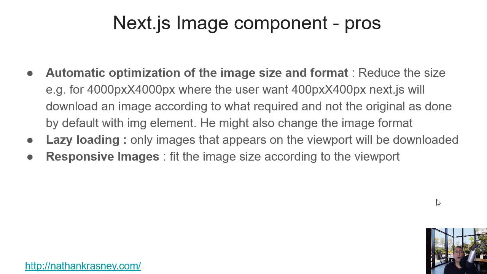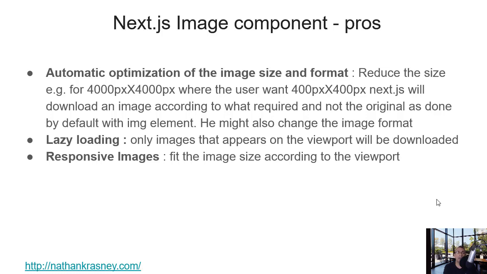So what are the pros of using the image component? Well, first, as I said, an image can be large, maybe 4,000 pixels by 4,000 pixels, but you might want to show only 400 by 400 pixels, because on mobile you don't need such a big image.